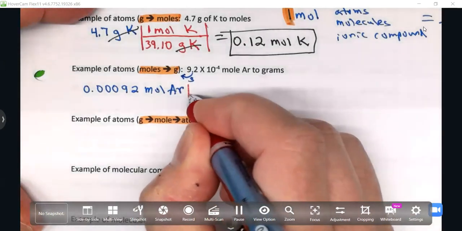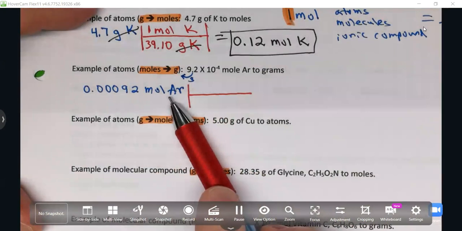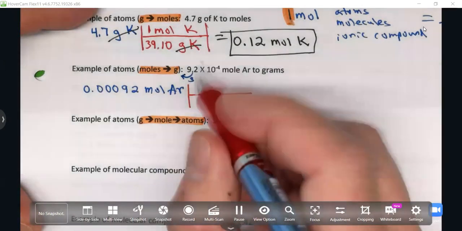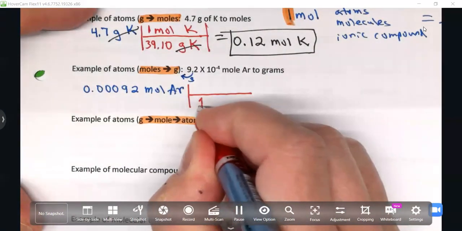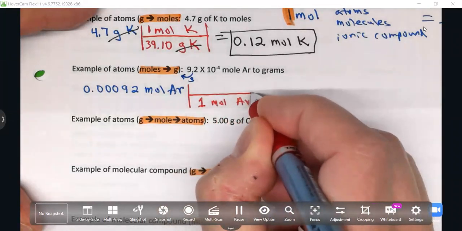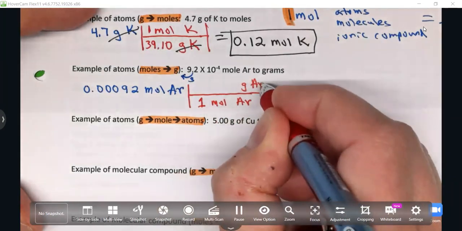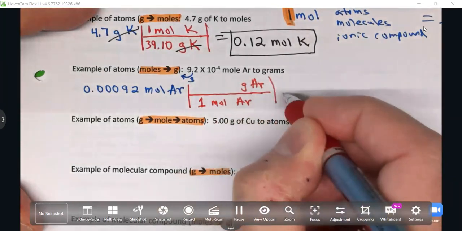We know that we are going to eliminate moles. So this time, when 1 mole is going to go down here, I want grams. So 1 mole is how many grams of argon?